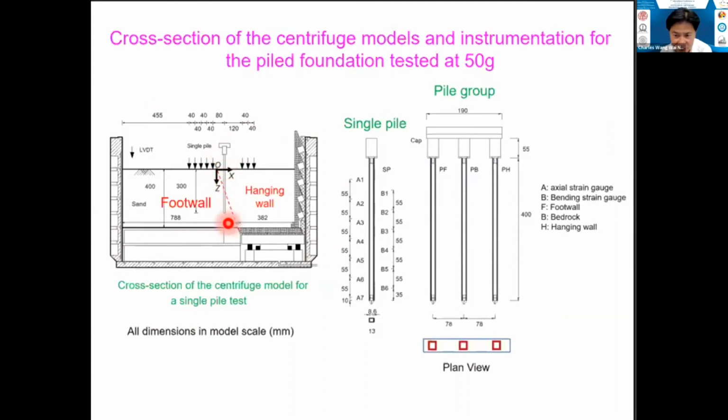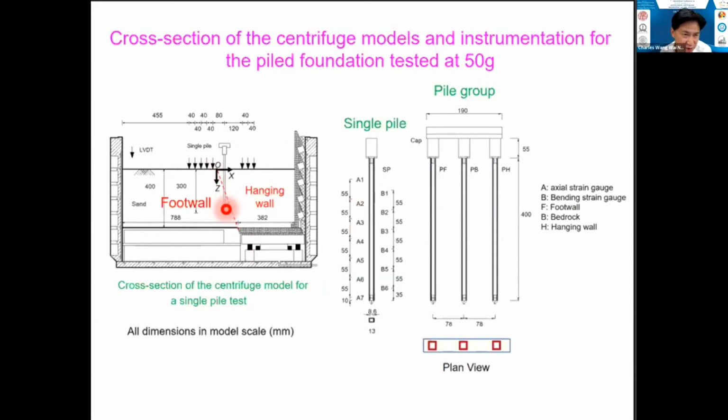The model pile in prototype scale is a square pile, 0.65 meter on all sides, and the embedded depth into the soil stratum is 15 meters in prototype.